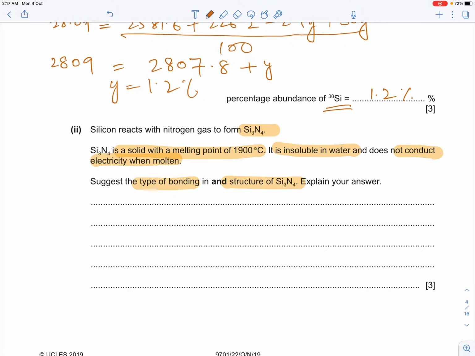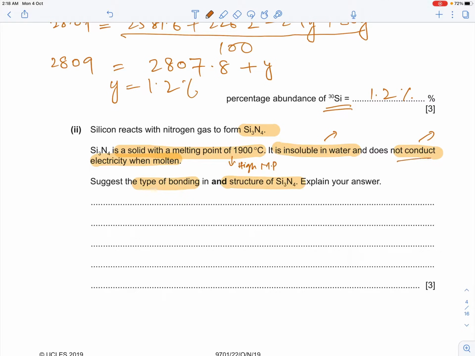So it has a high melting point. It is insoluble in water, and does not conduct electricity. A high melting point and insolubility in water suggest that it is a giant molecular structure.